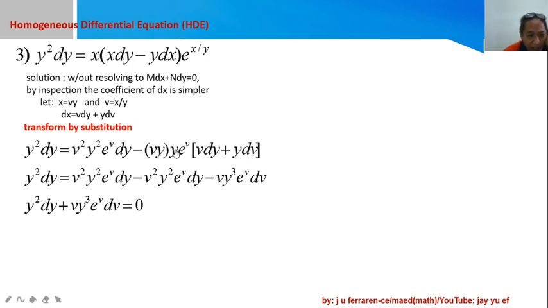When that is distributed, it is v squared y squared exponential v minus v y cubed, right? This is y squared and y cubed. Then we have exponential v with a dv. Again, I notice that these two terms are opposite, meaning I can eliminate them. What is left is the y squared dy and minus, when it is transposed, v y cubed exponential v dv equated to 0.